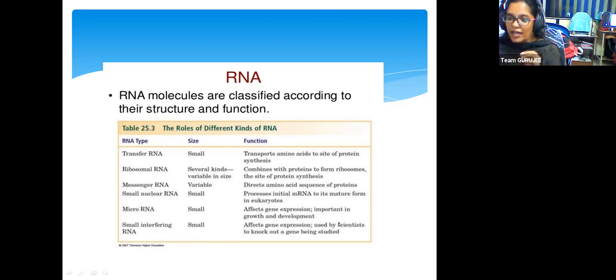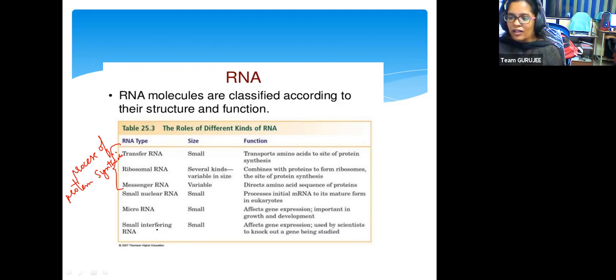Next, ribosomal RNA. What is the role of ribosomal RNA? It combines with proteins to form ribosomes. Everything, tRNA, rRNA, mRNA, these three RNAs are mainly involved in the process of protein synthesis. There are some other types of RNA, that is small nuclear RNA, microRNA, then siRNA.